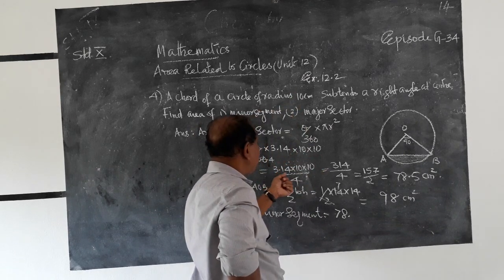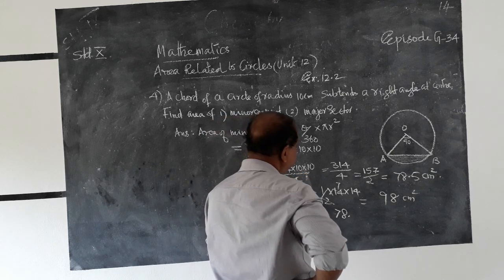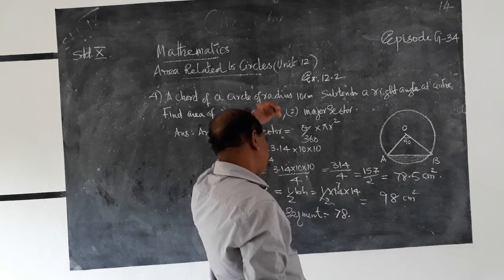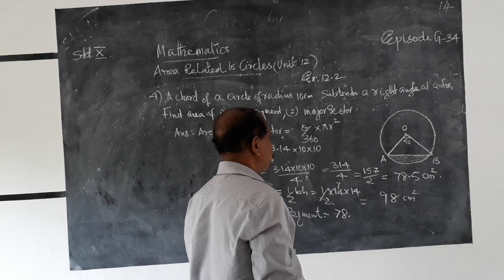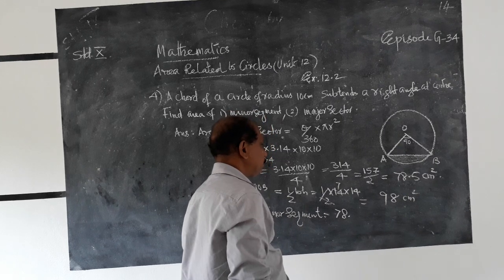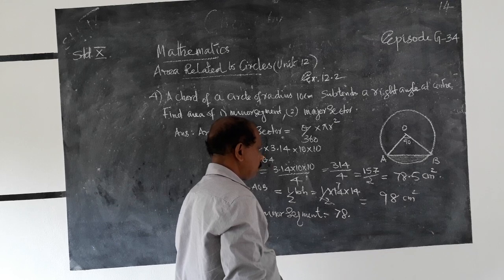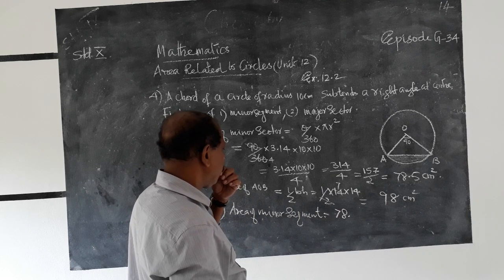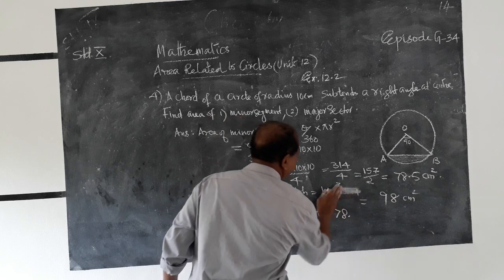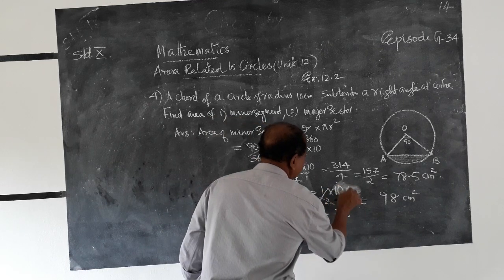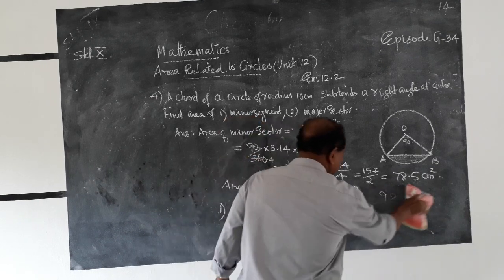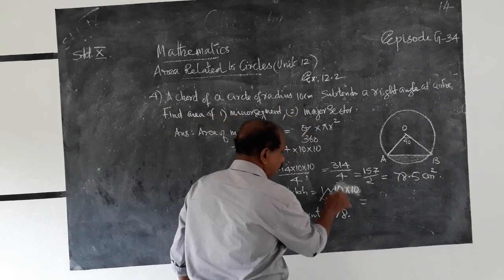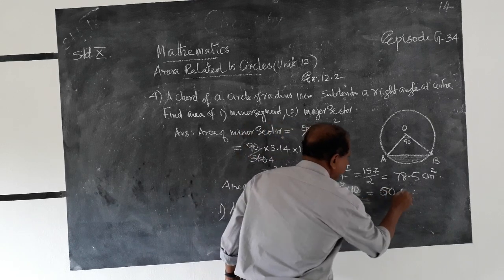Okay, therefore this 3.14 into 10. That is, radius is 10 centimeter. 2 tens are 5. That is equal to 50 centimeters.